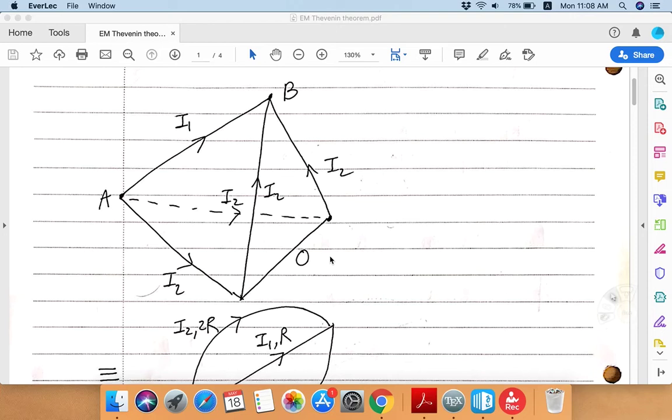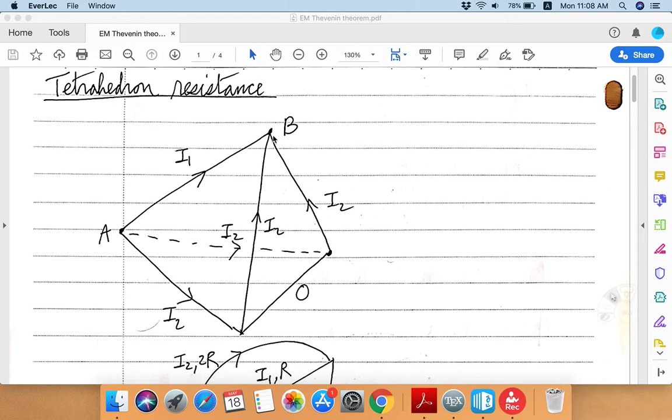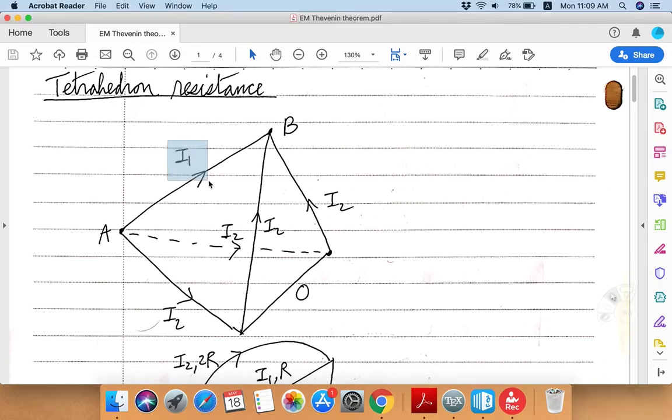Let's call that R. And then there's some voltage that has been applied between point A and point B. These are the two vertices of a tetrahedron. And of course, due to that voltage applied, there will be certain current flowing from A to B, like this. And let's call that current I1.